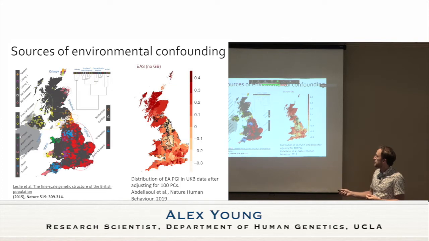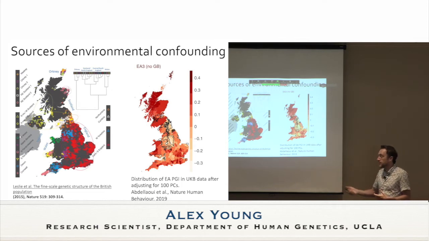I wasn't actually involved in it myself, but they're using this method called fine structure that's a lot more sophisticated than just using principal components. It uses a haplotype-based method to infer genetic clusters in the population, and you can see all these different clusters identified even in the UK. And these clusters might not necessarily be identified particularly well based simply on principal component analysis.